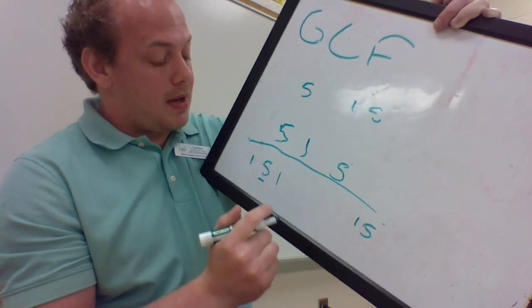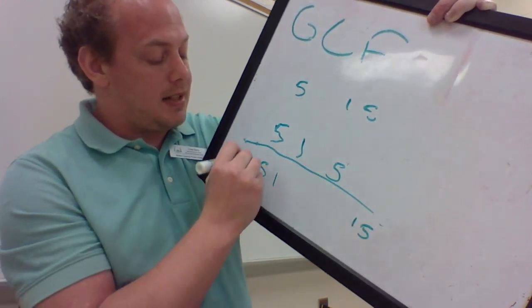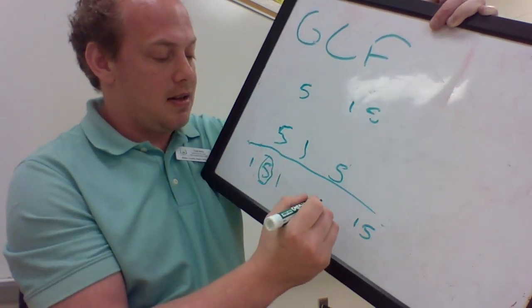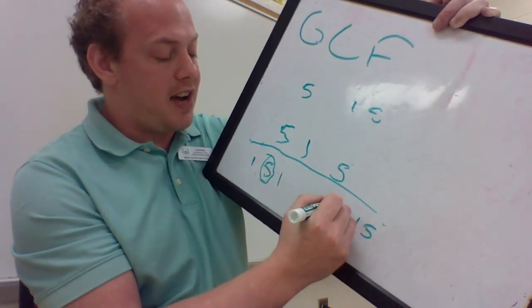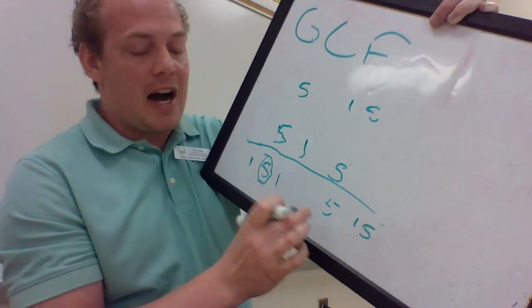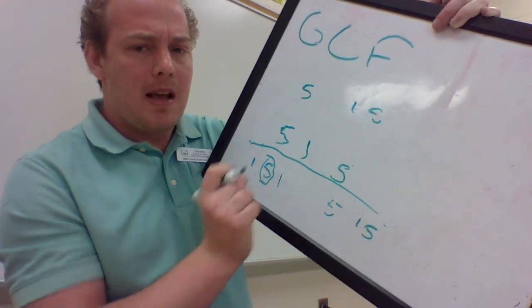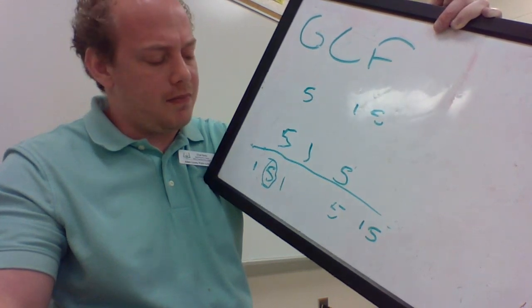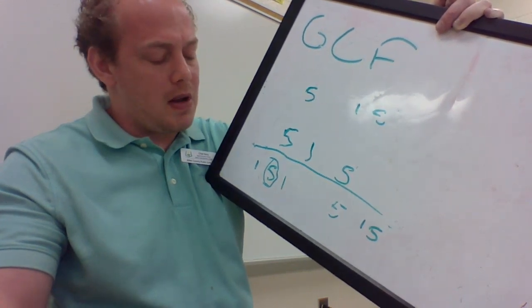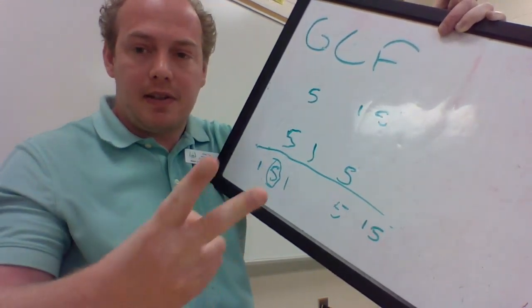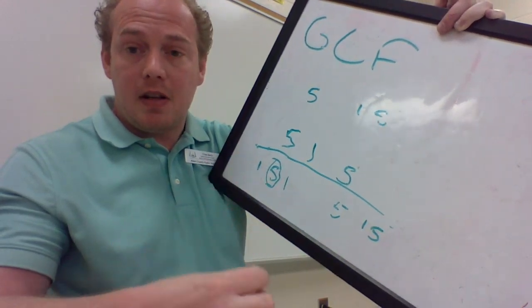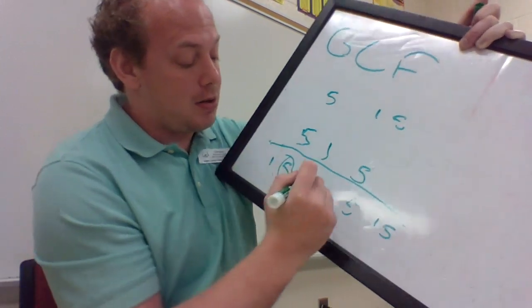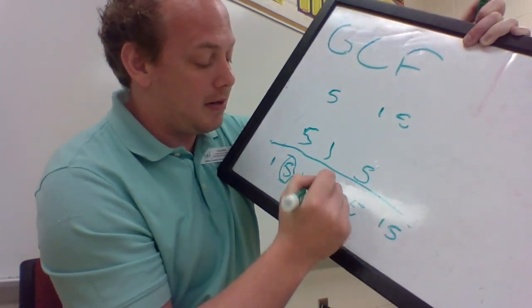So, we also know that since 15 has a 5 at the end, then a factor is 5. But 5 times what? So 5 times what equals 15? Well, 5, 10, 15. So 5 times 3 equals 15. So we're going to put 3 here.